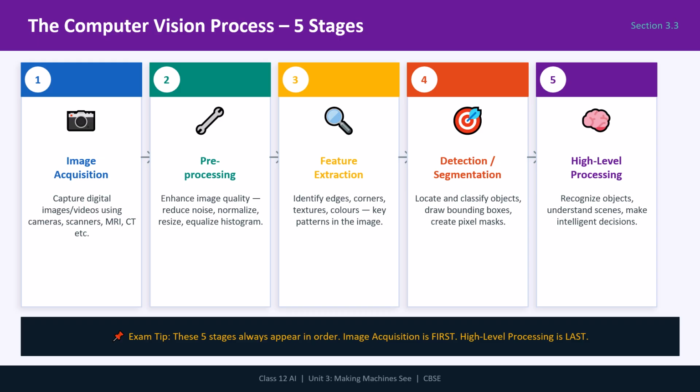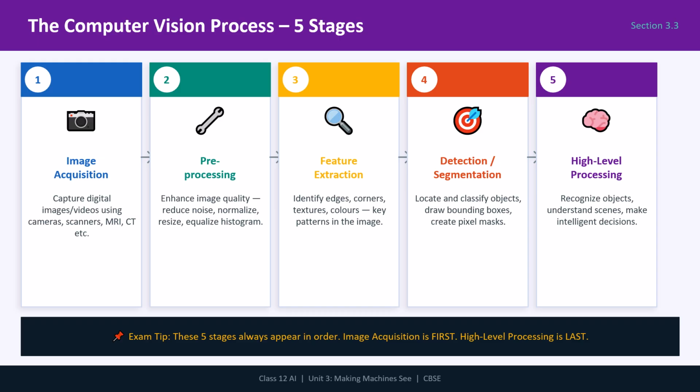Now here's a slide that will get you marks in the exam. The 5 stages of computer vision. This is a structured pipeline. Every stage feeds into the next. Stage 1, image acquisition. Captures the raw image. Think of camera, scanner, MRI, CT scan.